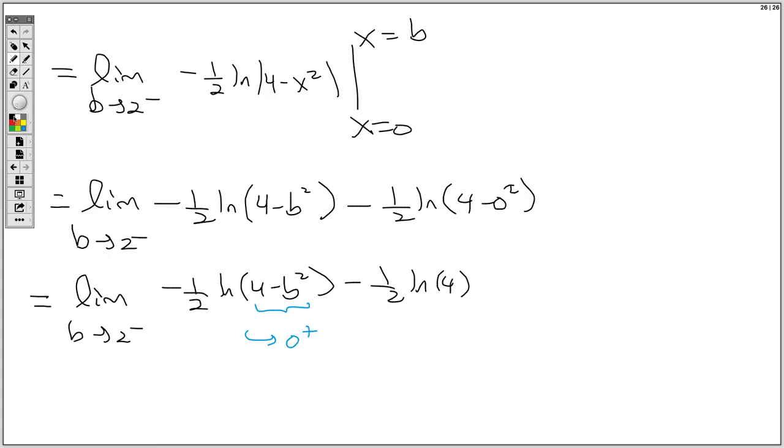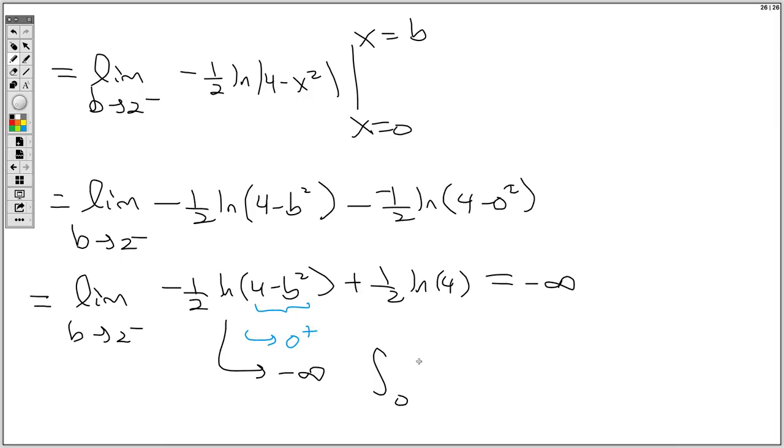And what do I know happens to the natural log? That's going to go to minus infinity. So here I've got a negative a half times minus infinity. Minus a negative a half, so it'll be plus that.